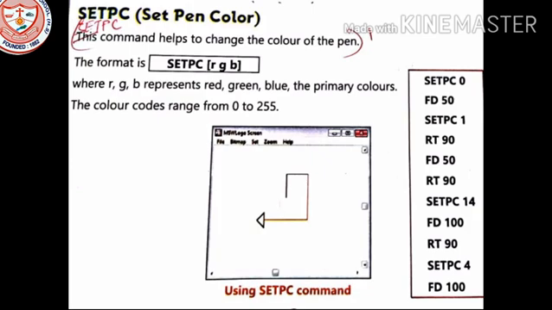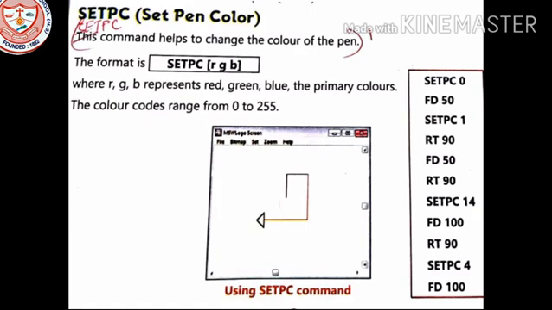The format is set PC, in brackets RGB. Now what is R, what is G, what is B? This is a big question. See, where RGB represents R for red, G for green, B for blue.